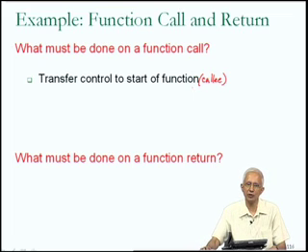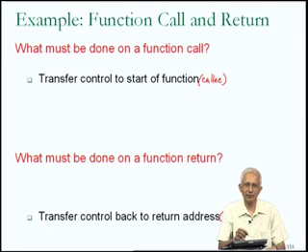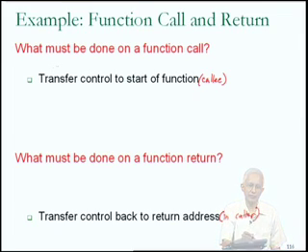Similarly, as part of function return, it's fairly clear that one of the things that must happen is that control must be transferred back to the return address inside the caller. Just to make sure you understand what I'm doing here, there are many steps which must be executed, so I'm going to list all of them one after the other.